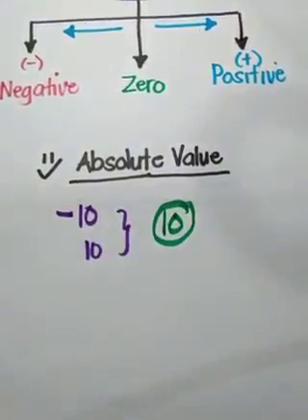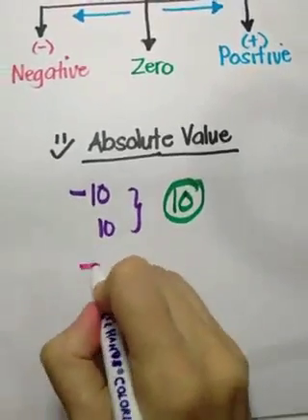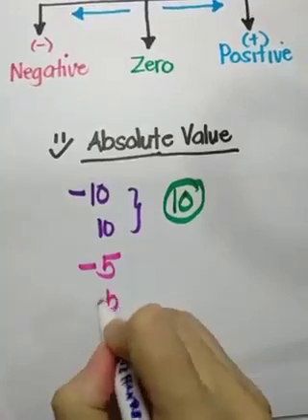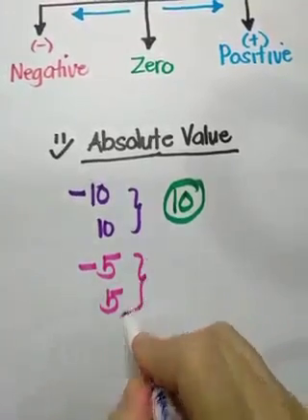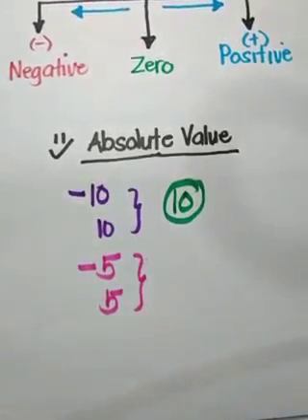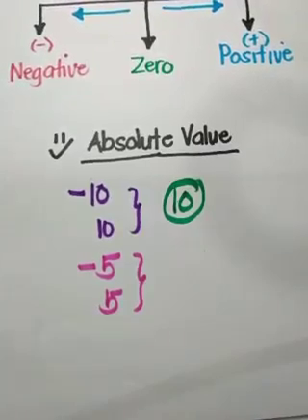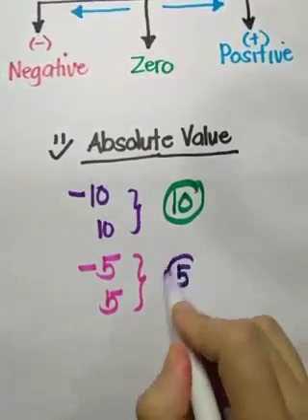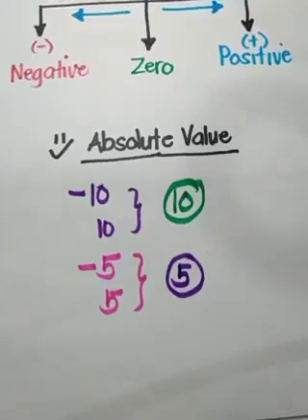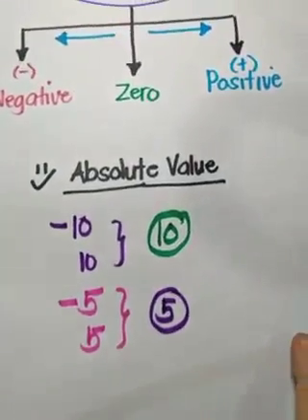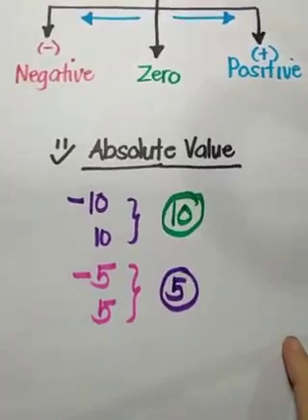Another example, if you have negative 5 and 5. Again, these are opposite numbers. Now, ang iyang absolute value is 5. So unsa ang pinakasayon nga pag-interpret sa absolute value nga dili malibog para nato?